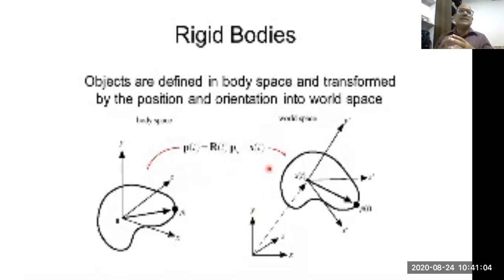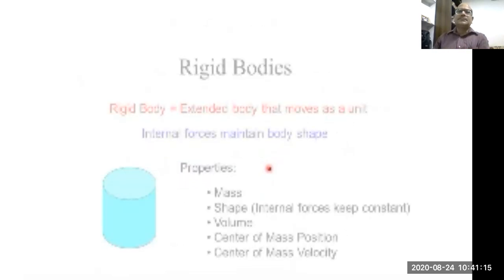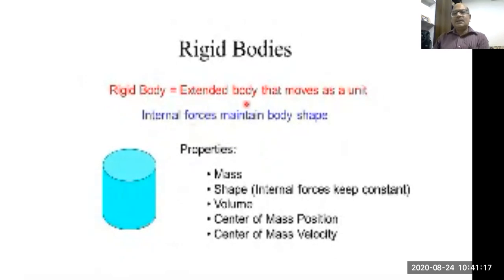Or in world space, we can say the entire object can be assumed to be created by those small rigid bodies. Again, a rigid body can be an extended body that moves as a unit, and internal forces maintain the body shape, and the properties are mass, shape, volume, center of mass position, and center of mass velocity, right?